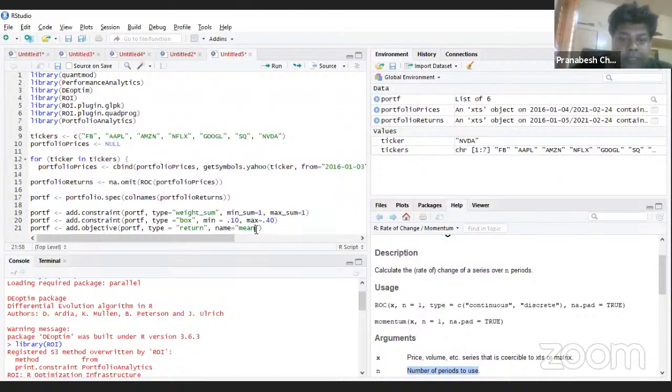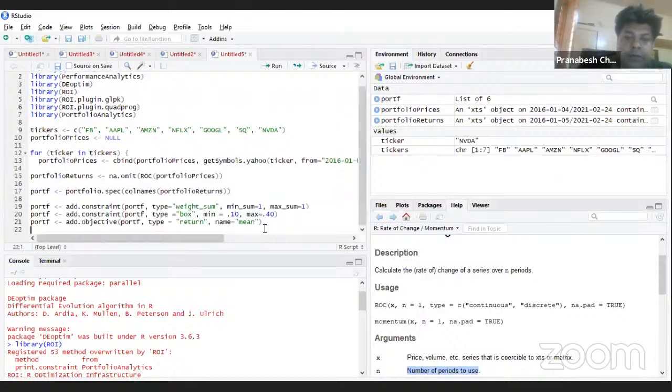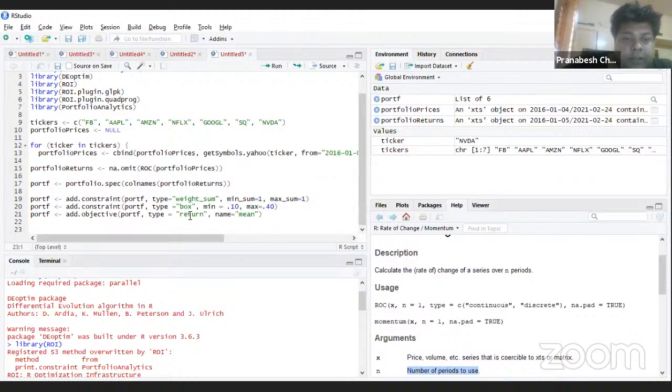So I have an objective function for my returns to be in and around my mean. What I'm saying is my returns cannot be less than my overall mean or the market returns mean.